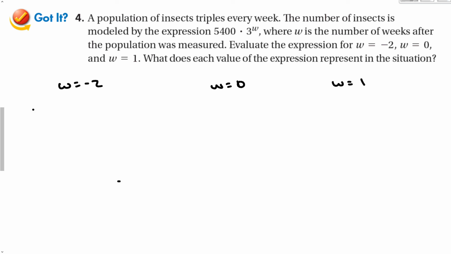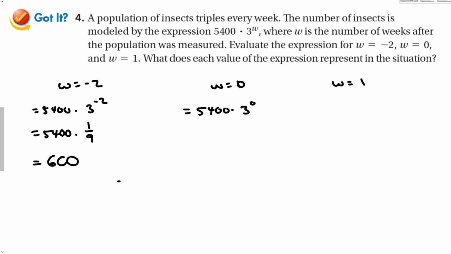Let's not write the whole function here. We have 5,400 times 3 to the -2, which is 5,400 times 1 over 9, which is 600. Let's just do them all real quick, and then we'll talk about what they mean. So this is 5,400 times 3 to the 0 power. 3 to the 0 power is just 1, so this is 5,400.